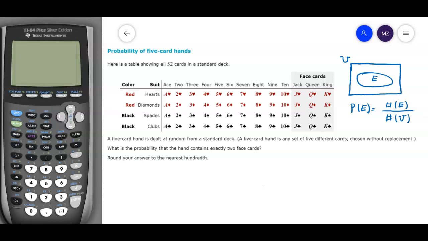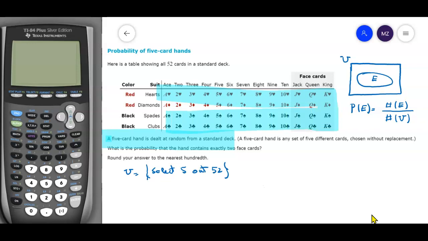Here the sentence that indicates our universal set is: 5 cards are dealt at random from a standard deck. So our universal set would be to select 5 cards out of 52 cards. Everything in here is your possible selections, that's why we are saying 5 out of 52.